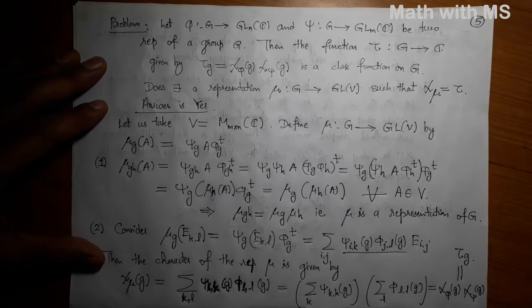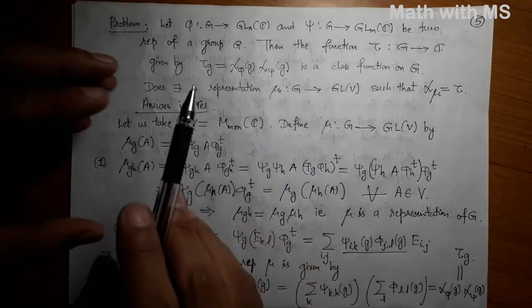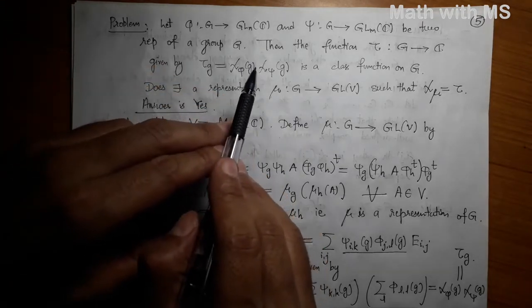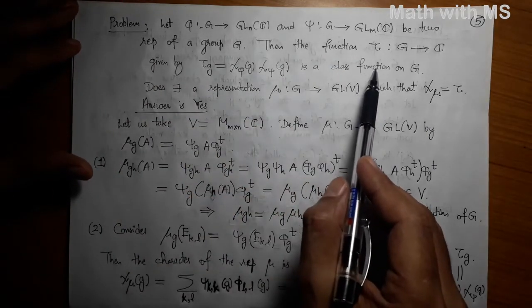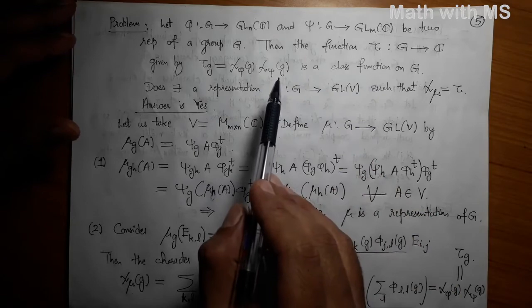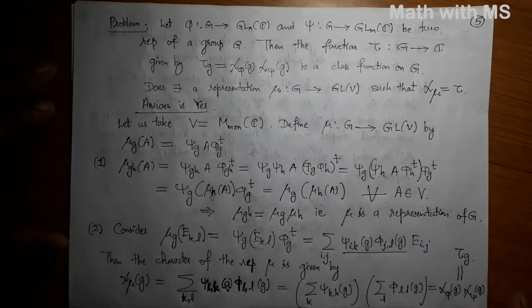So this shows that given two representations, you take their characters and take their pointwise product. It's a class preserving function. It turns out that that class preserving function is indeed a character of some representation, and the representation can be explicitly constructed like this.